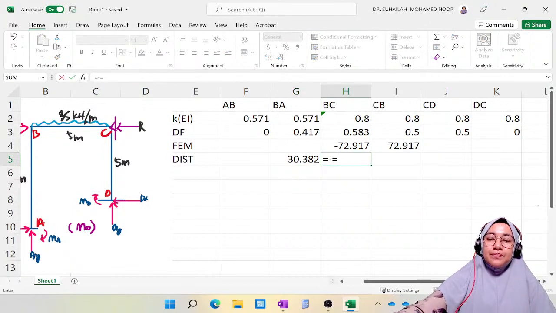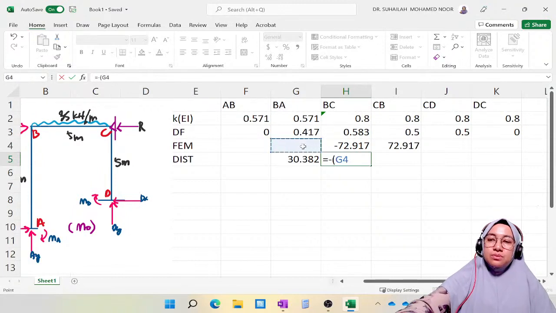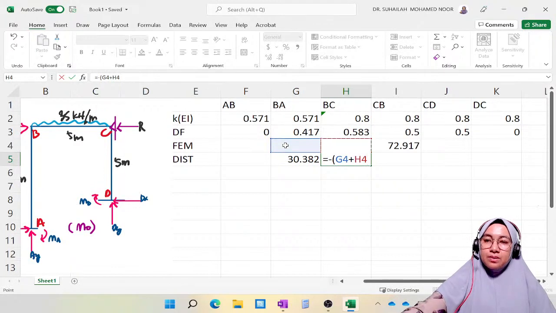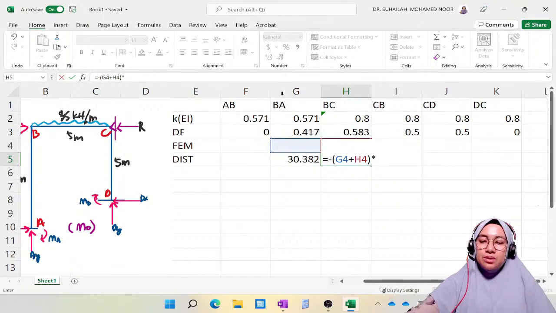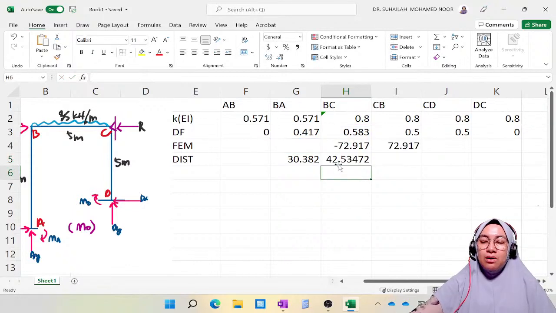So again, it is negative. For joint moment, it is 0 plus the moment, times the distribution factor. I put the dollar sign to lock that one. I only lock the distribution factor, not the moment.